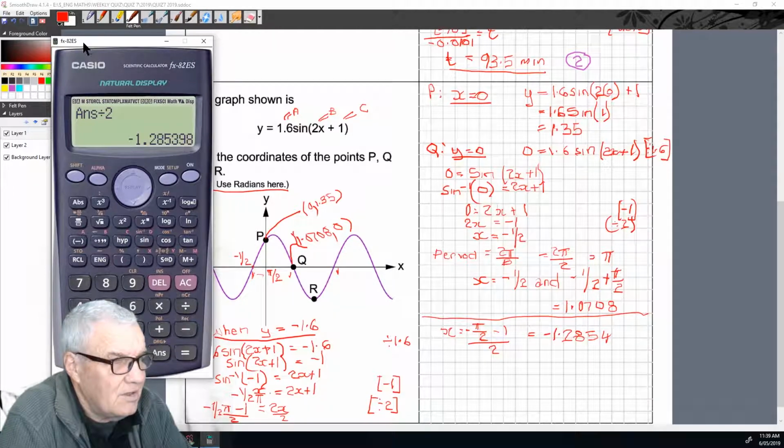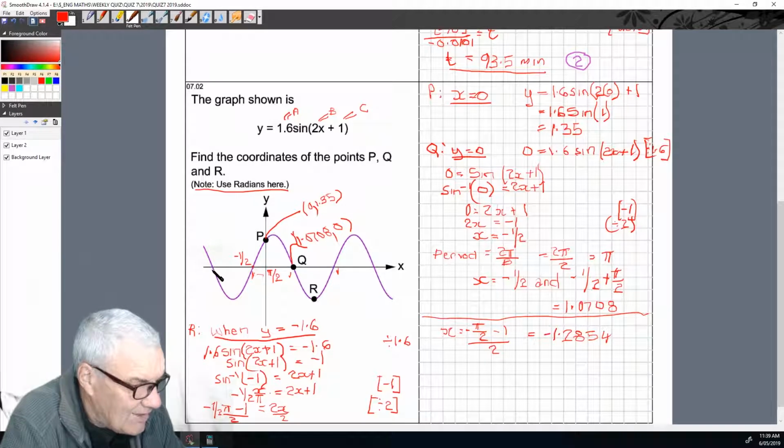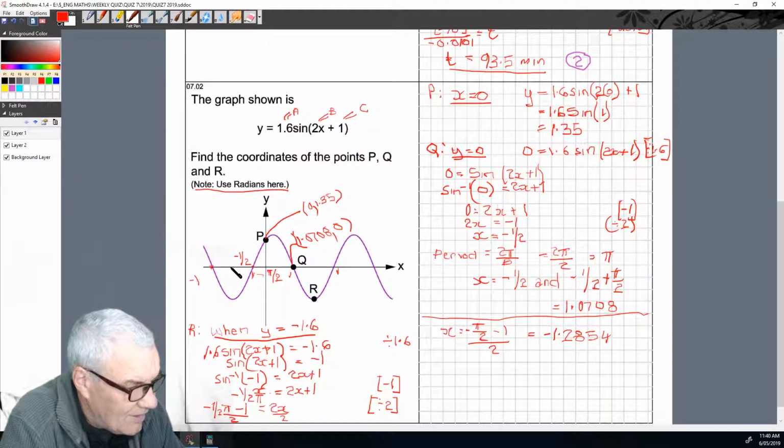But, alright, that is here. That there is negative 1.2854.